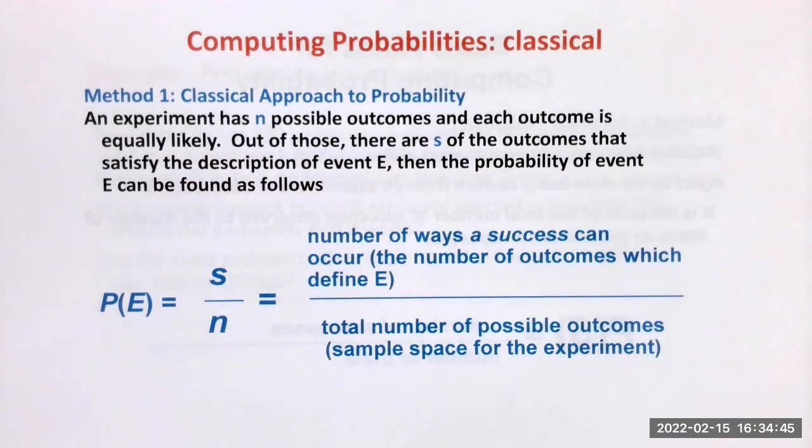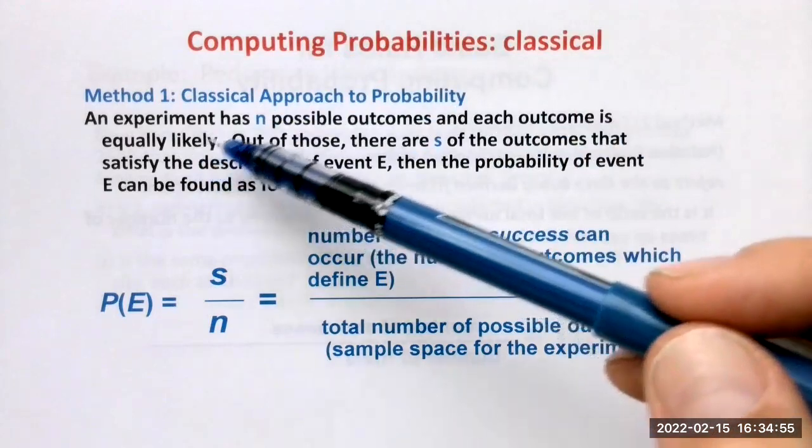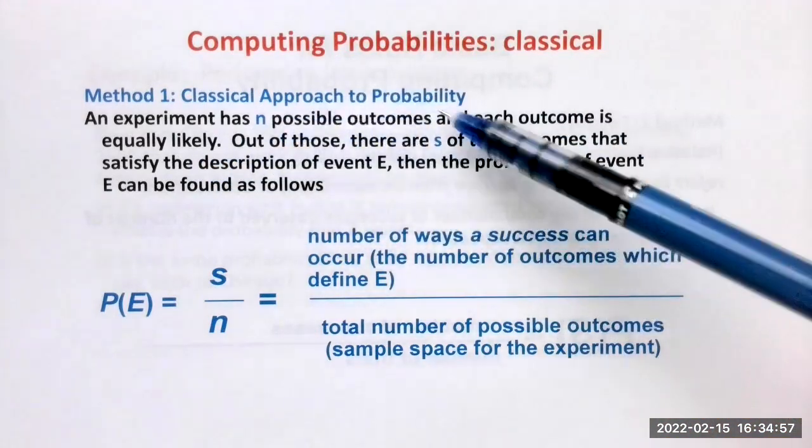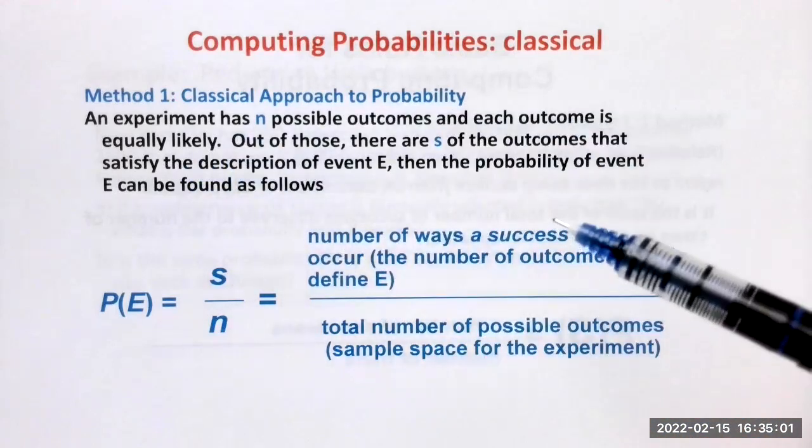So the first method that we're going to consider for computing probabilities is a classical approach. And here's the definition. An experiment has n possible outcomes, and each outcome is equally likely.